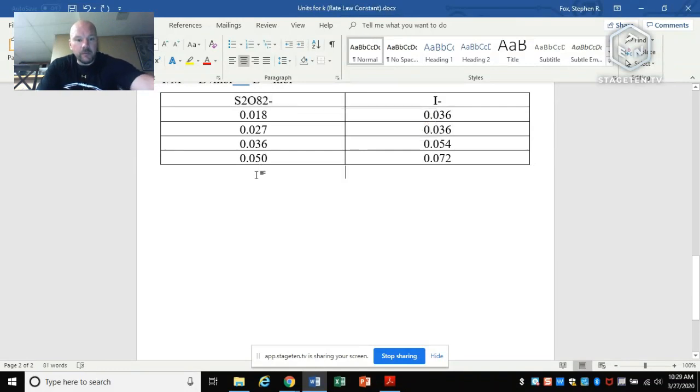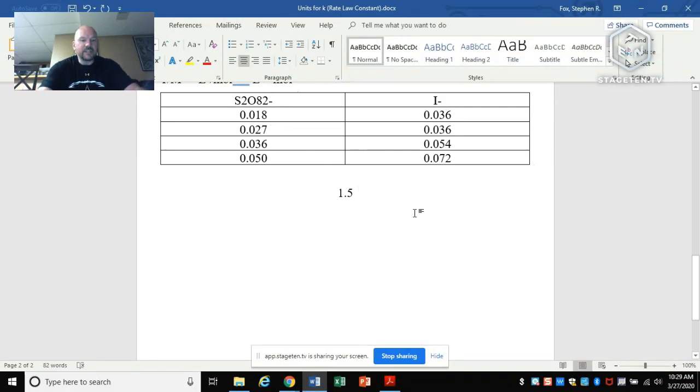What I do in this case is take the larger concentration and divide it by the lower concentration. So I'm going to do trial 2 divided by trial 1. 0.027 divided by 0.018 is 1.5. So the concentration increased by a factor of 1.5.